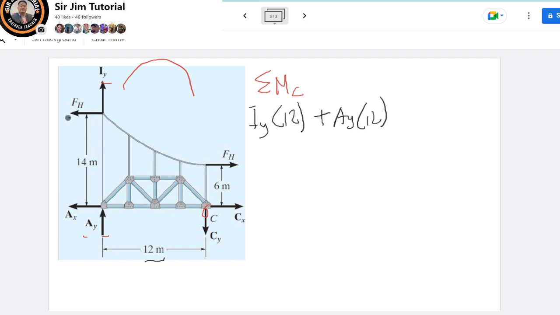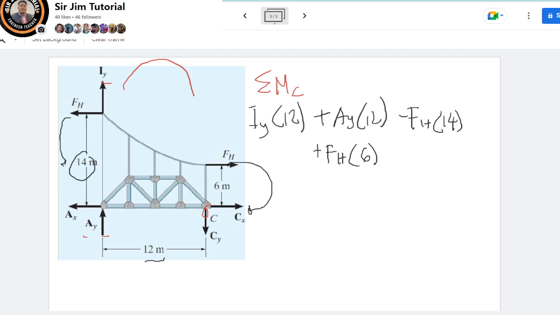Now you have your FH, which is in the counterclockwise direction, so you have minus FH multiplied by the distance 14. And then another FH is in this direction, so you have plus FH times 6.